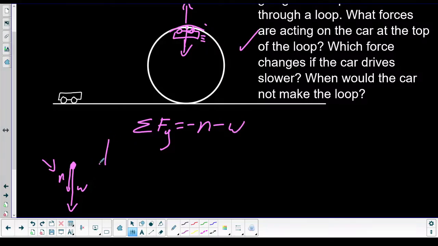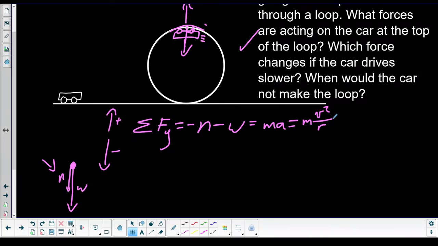I'm assuming down is negative and up is positive here. This equals ma, because obviously they're not going to balance. They're in the same direction. But if our car is going pretty much constant speed through this loop, and it's a circle, that's uniform circular motion, and we get mv squared over r.